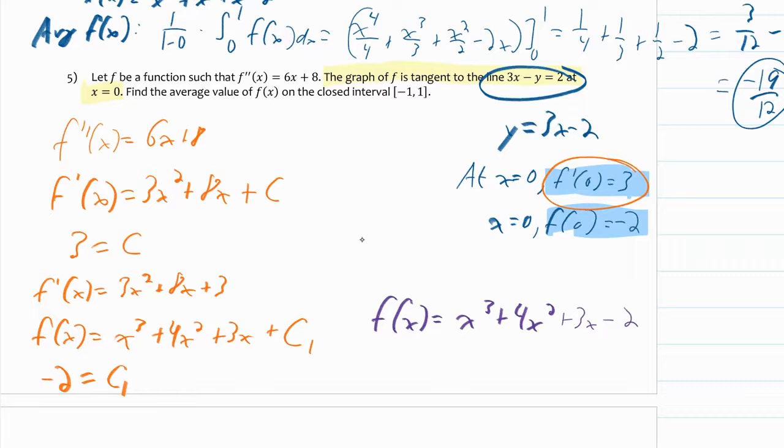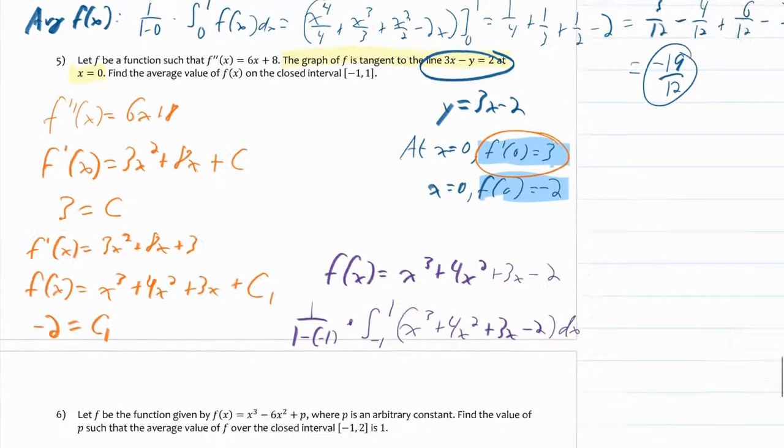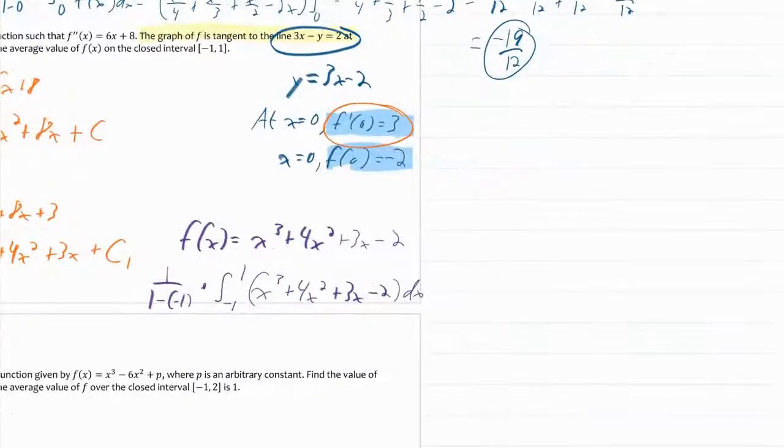And my average value would then be 1 over 1 minus -1 times the integral from -1 to 1 of that x cubed plus 4x squared plus 3x minus 2 dx. And then we can go ahead and evaluate that.